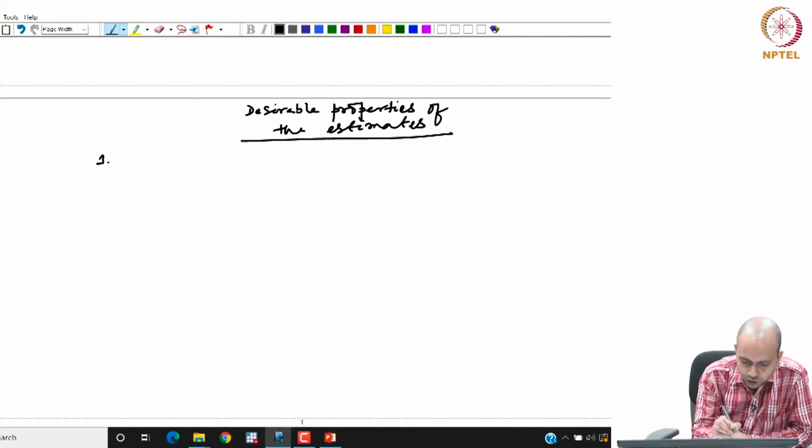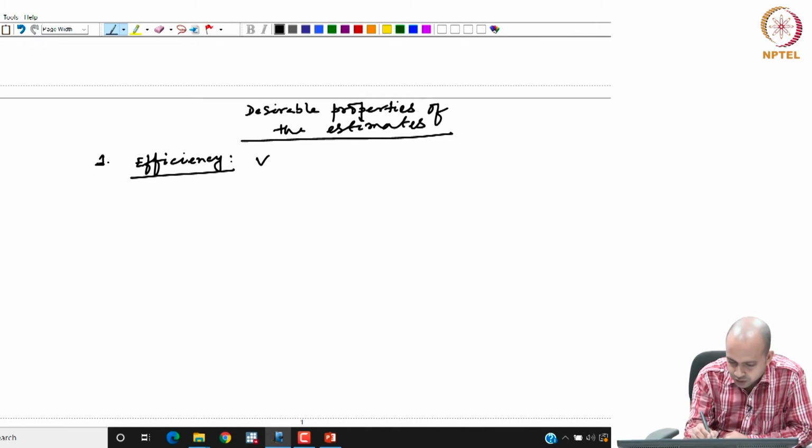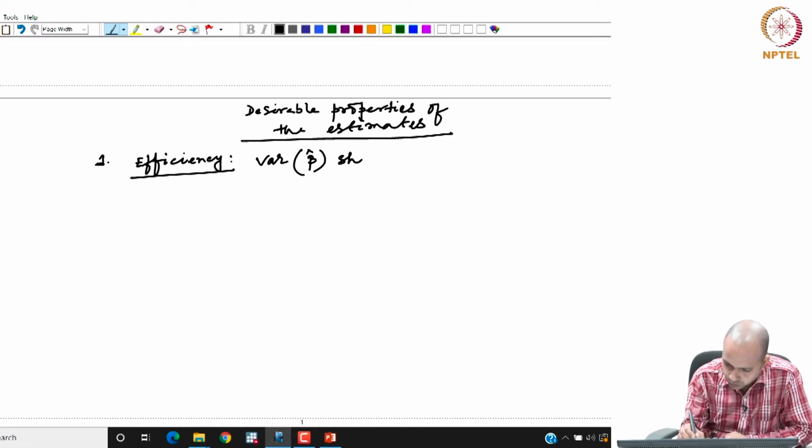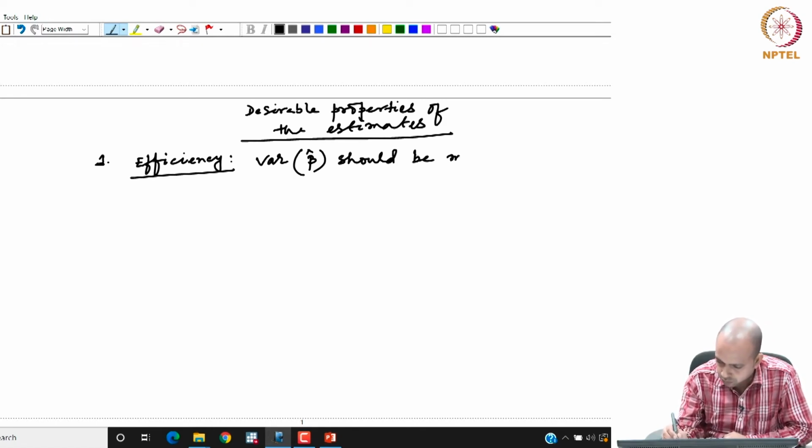The first one is called efficiency, which basically says that the variance of beta hat should be minimum.